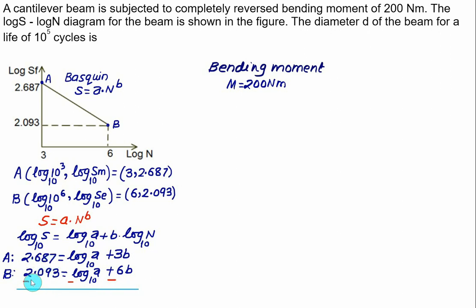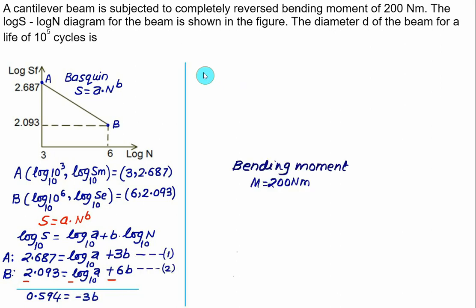Subtracting, 2.687 minus 2.093 is the positive value 0.594. Log of A will get cancelled, and 3B minus 6B equals minus 3B. If you solve it, you get B equal to minus 0.198.